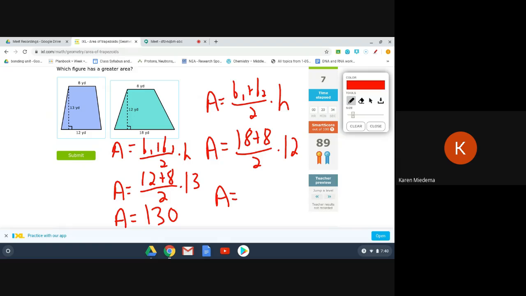Okay, now that it's all just numbers, I could go ahead and use my calculator, typing it in very carefully. 18 plus 8 gives me 26, divided by 2 gives me 13. 13 times 12 gives me 156. So which figure has a greater area? Well, it's going to be the one on the right-hand side, because 156 is greater than 130.